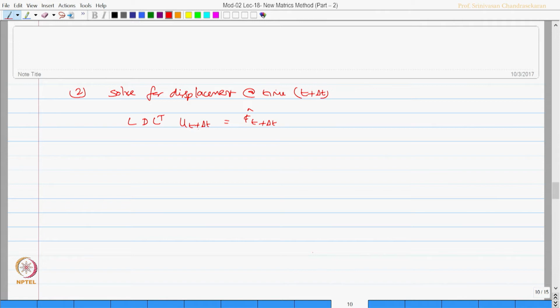So, stiffness into displacement will give you the force. On the other hand, I can always say k hat u t plus delta t is actually equal to f hat t plus delta t. So, I want u t plus delta t, that is the displacement at the new time step, is given by k hat inverse f hat t plus delta t.